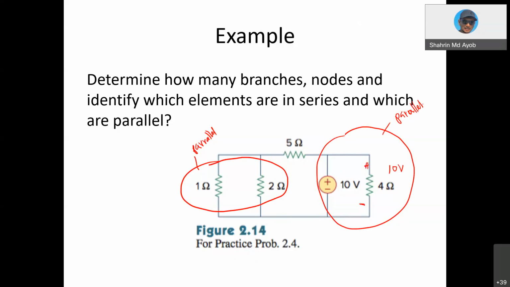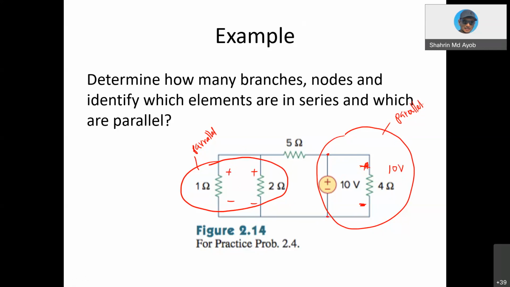This is important; you need to know the characteristics of parallel and series. Since the 10 volt and 4 ohm are parallel, the voltage across the 4 ohm is also 10 volt. What about the voltage across the 1 ohm and 2 ohm?